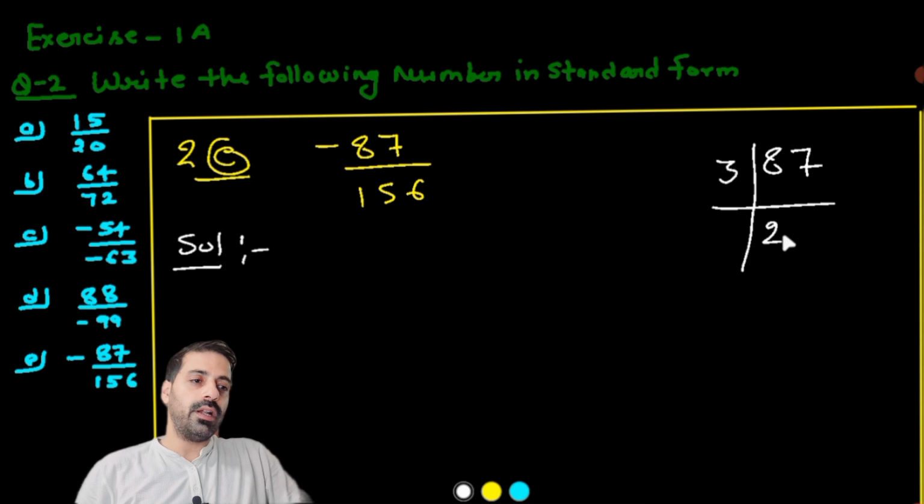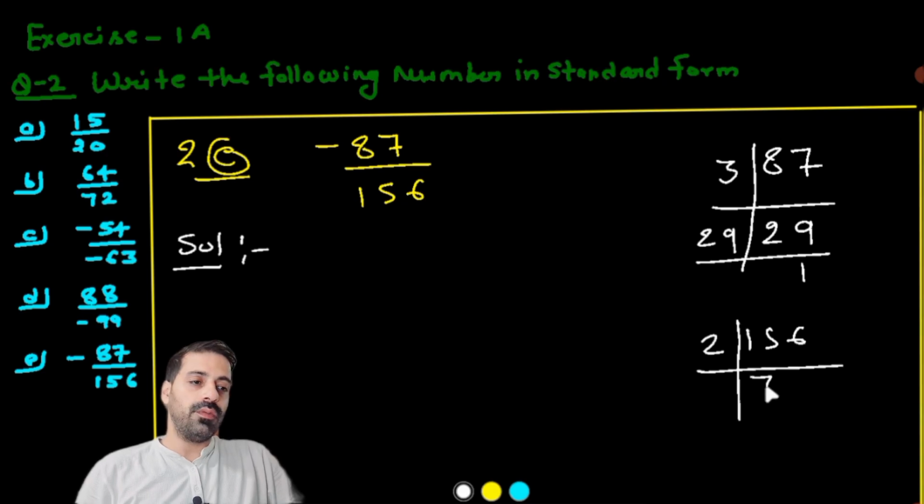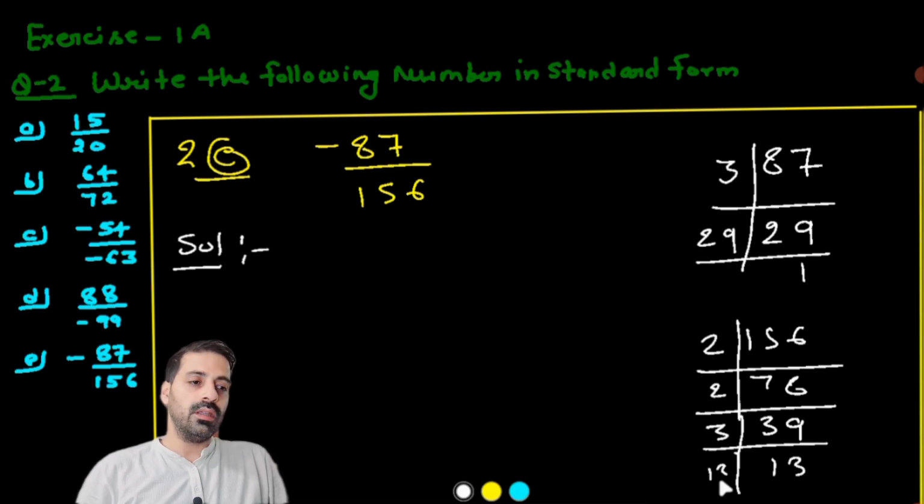Now find the HCF of 87: divided by 3 gives 29, and 29 is prime. Now factor 156: divided by 2, then 78, again divided by 2 gives 39, then divided by 3 gives 13, and 13.